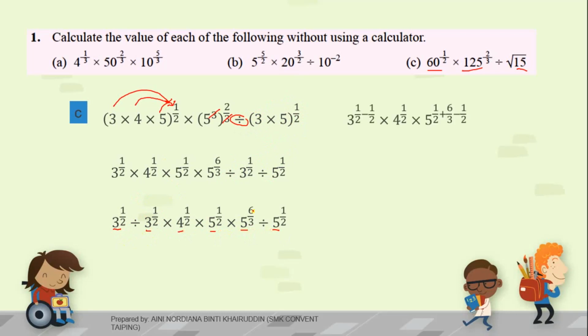So for base 3, 1 over 2 minus 1 over 2, because this is divide. So you have to be very careful here. So 4 to the power of 1 over 2 and 5 to the power of 1 over 2 plus 6 over 3 minus 1 over 2. You can use your calculator to calculate this. So you'll get this. And then this is the final answer.